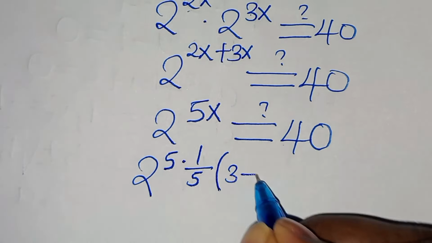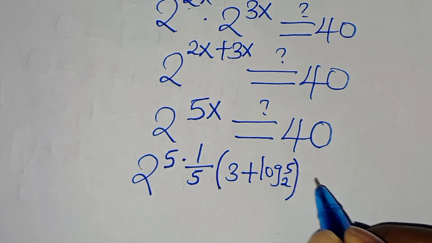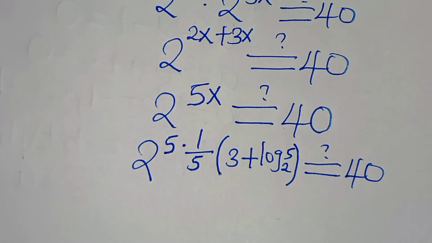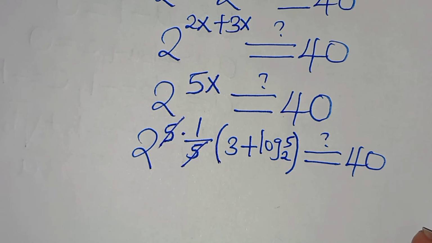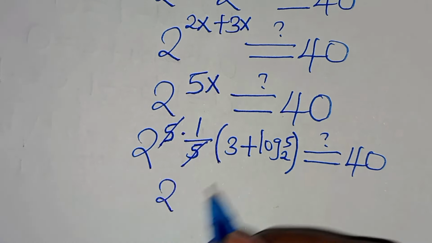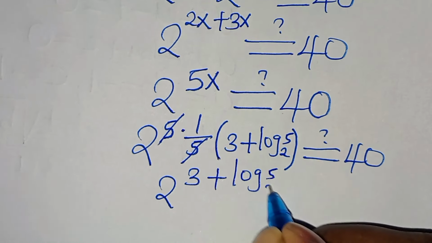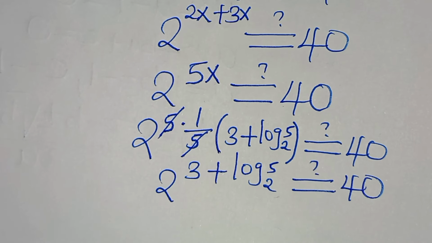This is 3 plus log 5 to base 2. This should give us a value of 40. Now let's simplify 5 and 5 here so that we have 2 to the power of 3 plus log 5 to base 2. This should give us a value of 40.